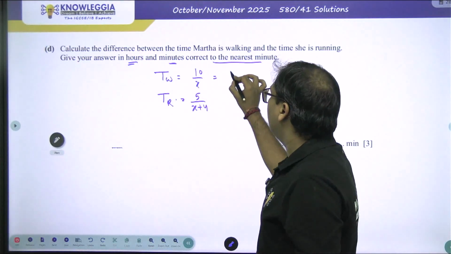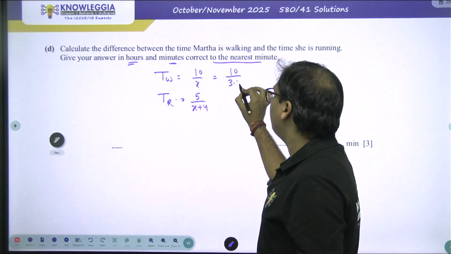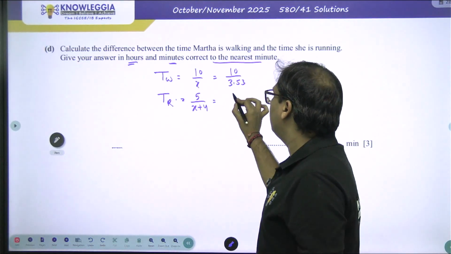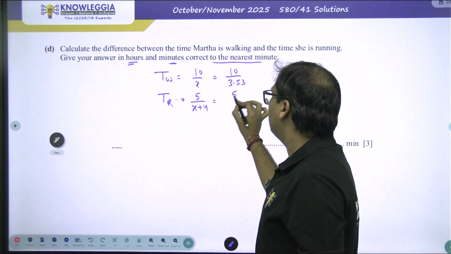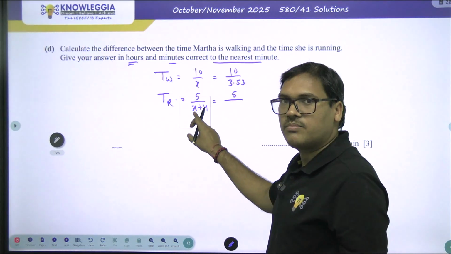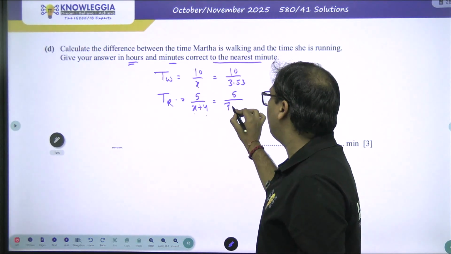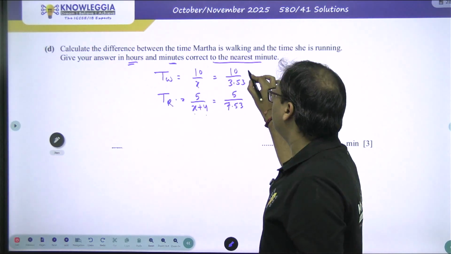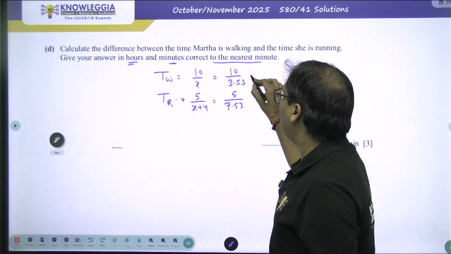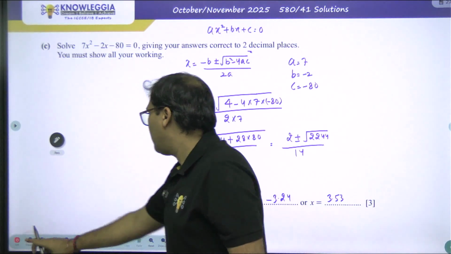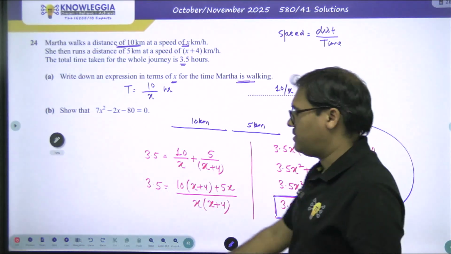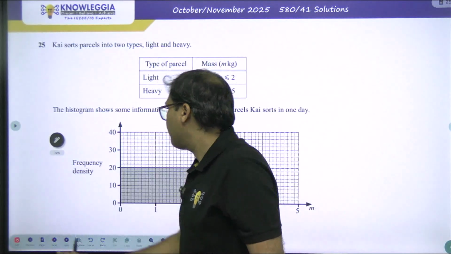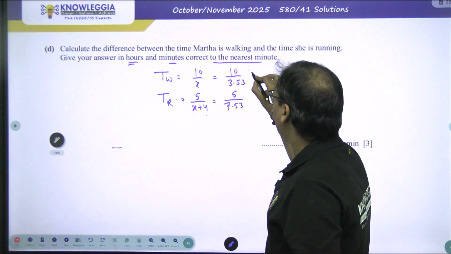So this is 10 upon 3.53, and this is 5 upon 3.53 plus 4, which is 7.53. And what was the unit? Hours. So this is in hours.